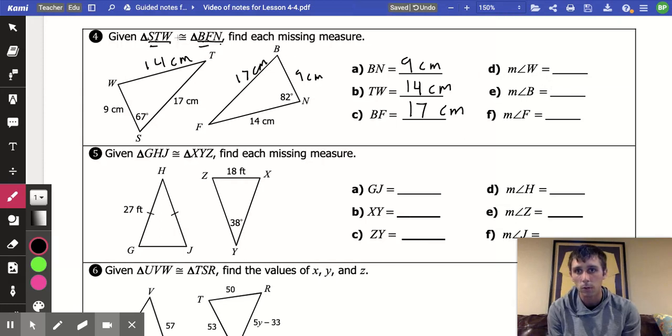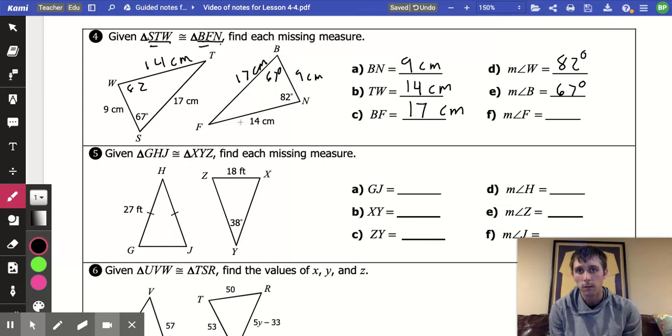All right, now for our angles. Angle W is the third one, so therefore it would match with angle N. What is angle N? Angle N is 82, so angle W is 82 degrees. Angle B is the first one, which would match up with angle S, which is 67 degrees. So angle B is 67 degrees. Now, how do we find angle F?